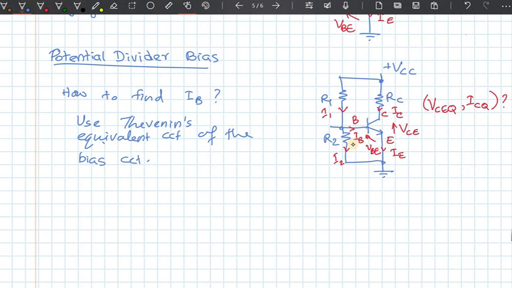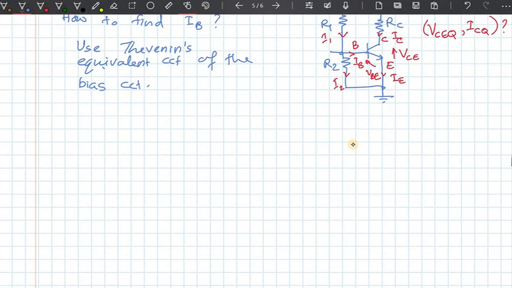Okay, so what is the bias circuit? If I draw just the bias circuit, it would be just R1 and R2 connected to VCC and ground, and you have the base here. So what I want is the Thevenin equivalent circuit of this circuit.